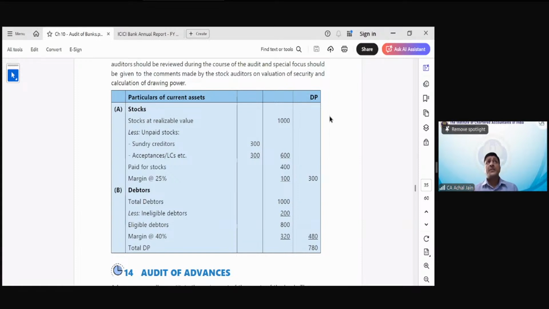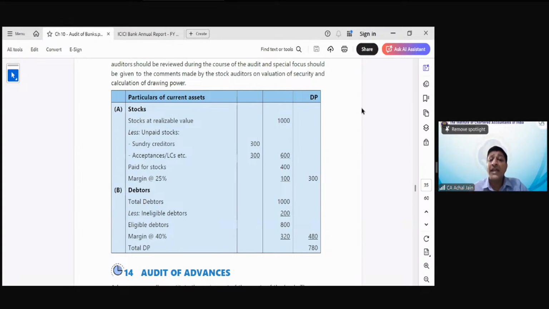So the balance of stocks that you get will be the one which has been paid for. Suppose you purchased goods against which inventory of 1000 is pending, you need to find out of these 1000 whether the payments are made. If you say yes, 600, then the balance stock is what? For which the payment is also made by the entity.